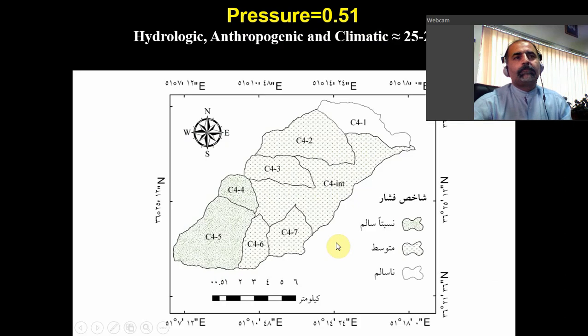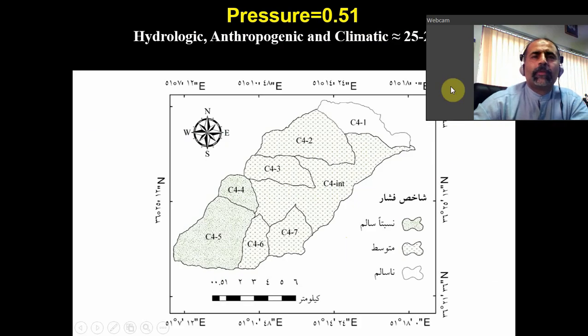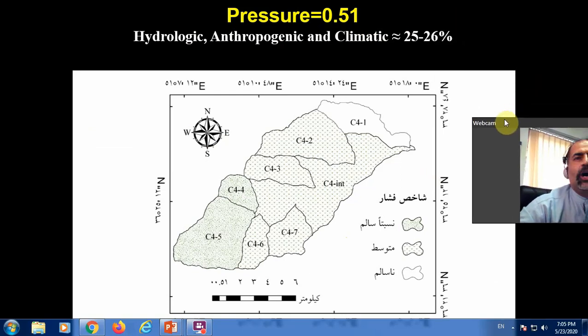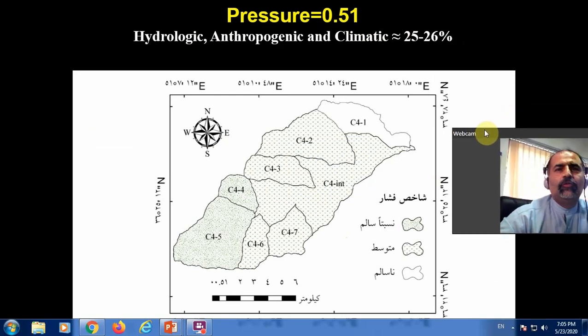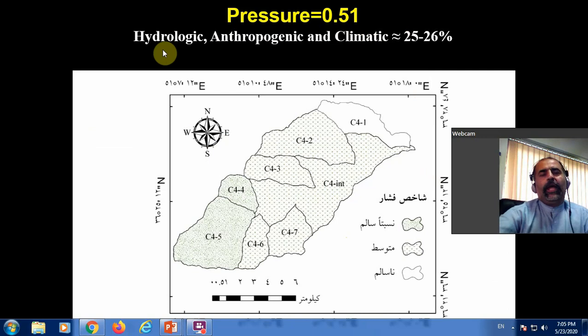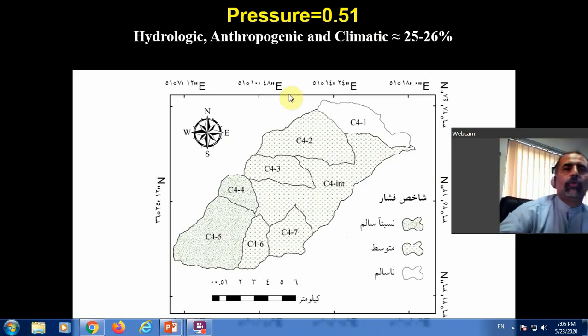So here you will see that we try to apply the same approach that I introduced here, and the pressure index was calculated for the same watershed that you can see here, and it has been classified from unhealthy to likely healthy.